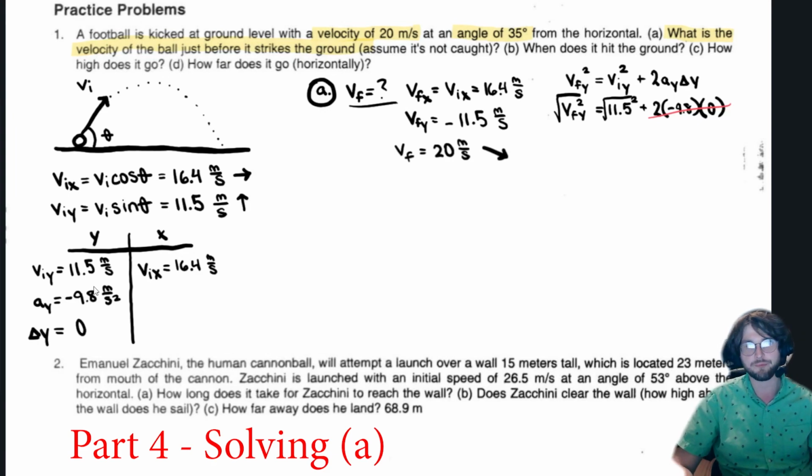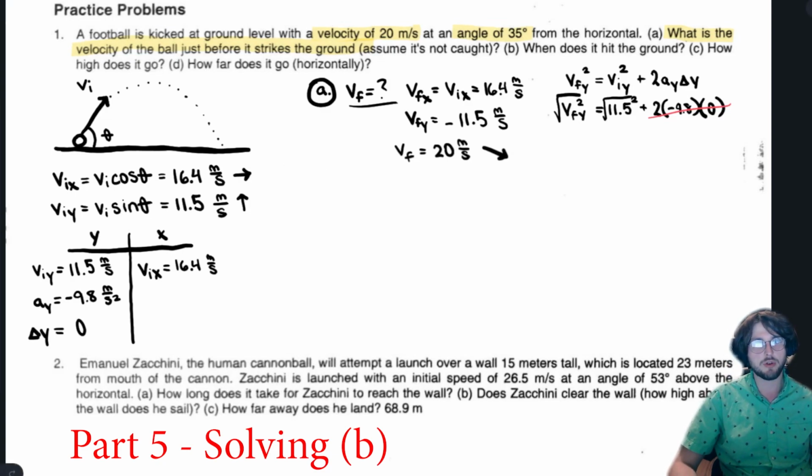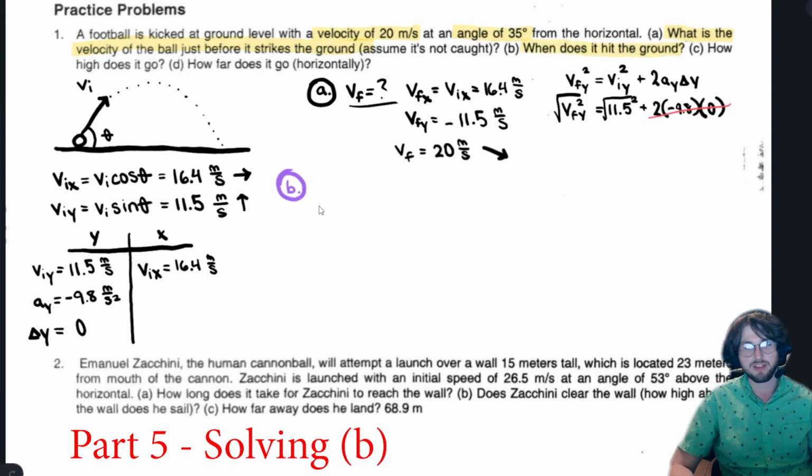Pretty cool. All right. So next is part B, and I'm going to do this in a different color. I'll do purple. And so for part B, it's asking when does this thing hit the ground? Now, the word when means we're probably looking at solving for a total time here.